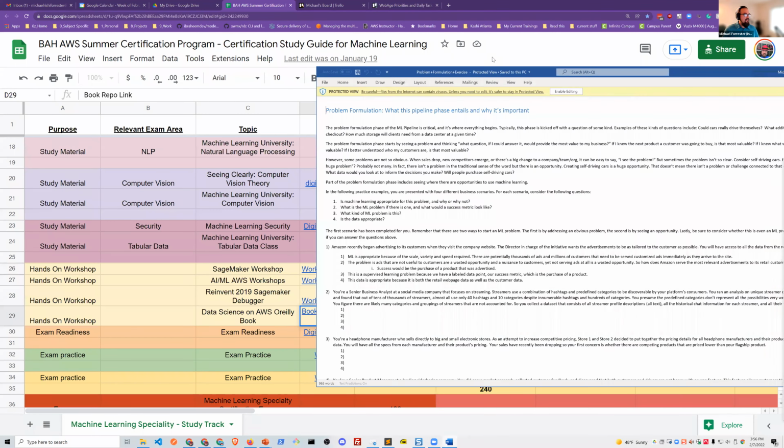Now, this is very high level, and it's really just meant to get your juices flowing around the concept. I will mention that there's also a solutions document that gives you an example that you can refer to. It shows it all filled out, like how Amazon would answer these questions.